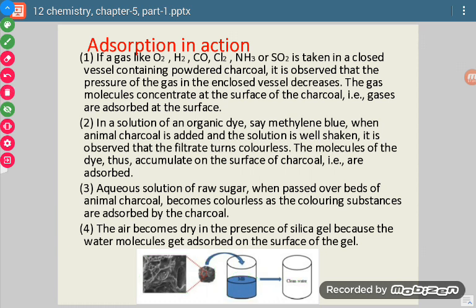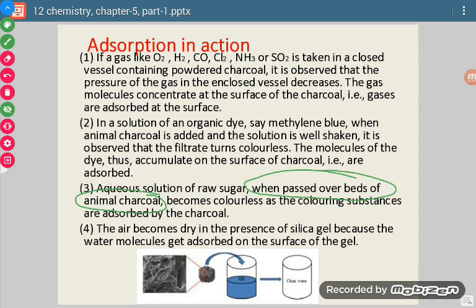Now, an aqueous solution of raw sugar is passed over beds of animal charcoal. Okay, now see what is done here. Charcoal is used for decolorizing sugar. When sugar is prepared in factories, its color is brown. It is not white as we consume.